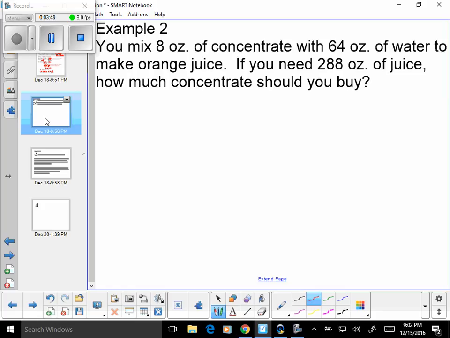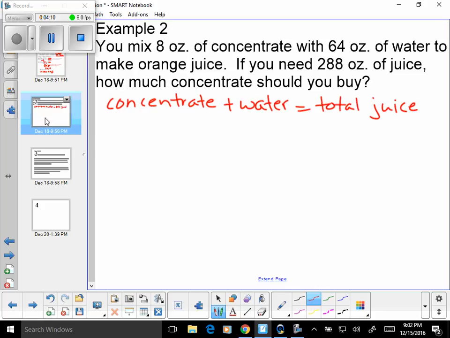In this particular problem, we are going to mix concentrate with water to make orange juice. So we're going to mix concentrate plus water to get our total amount of juice.